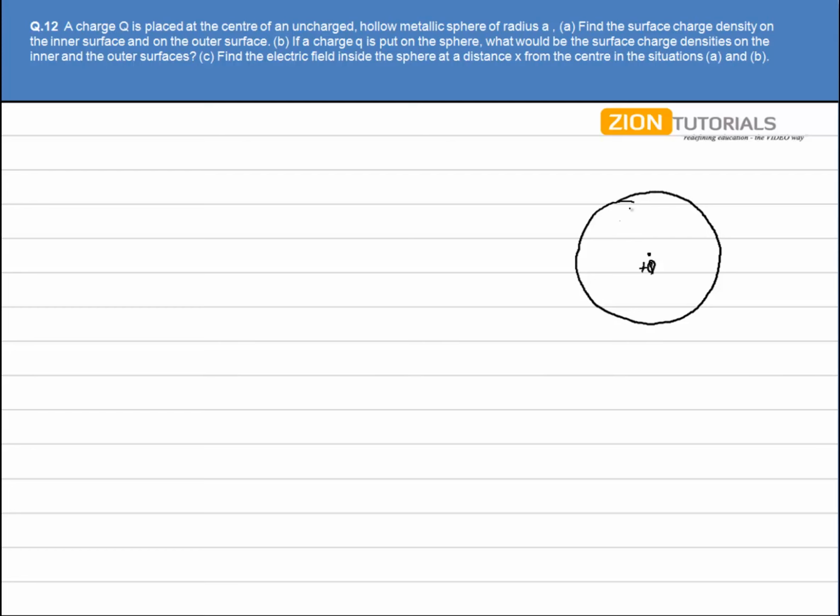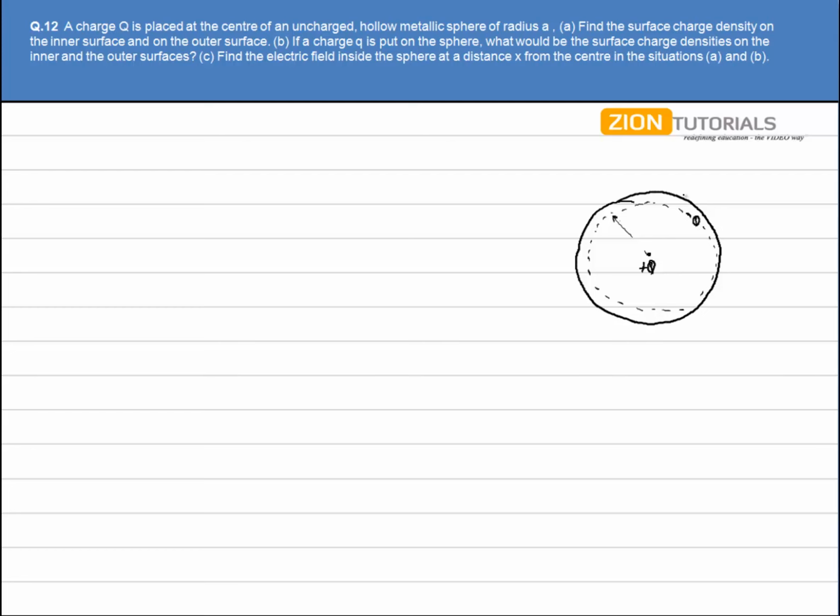Since we are talking about the inside, an equal and opposite charge, minus q, will be induced on the inner surface of the sphere, so that the electric field originates from here and ends here, and the electric field passing through the metallic conductor is 0 and the net charge enclosed is also 0. So the minus q charge is induced on the inner surface.